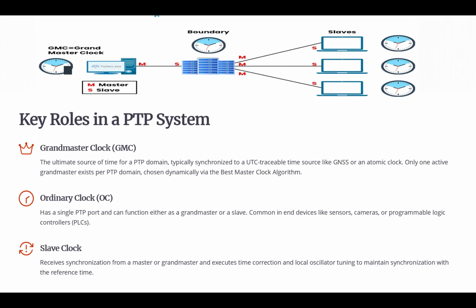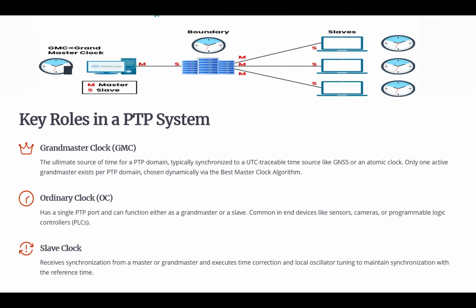These are typically simple devices like sensors, cameras or PLCs that either give or take the time information in the network. Ordinary clocks are normally at the edges of the network, where the devices need accurate timing to perform their tasks. For example, a camera in a factory might need precise timing to timestamp the images, so the action could be taken based on that information.